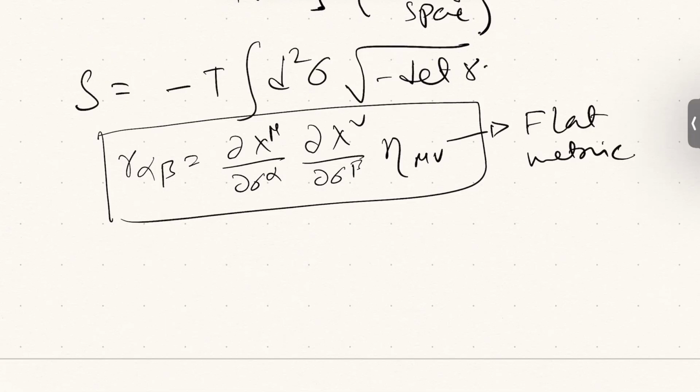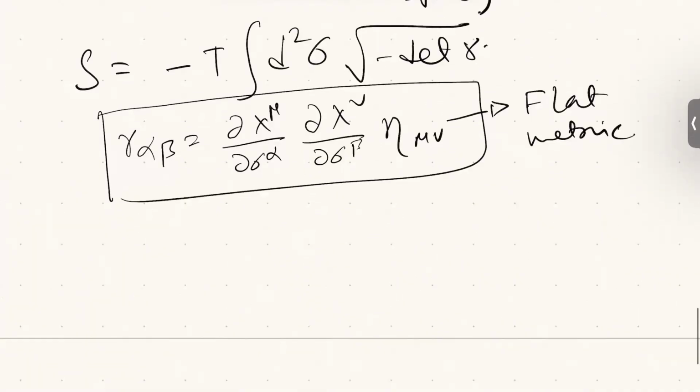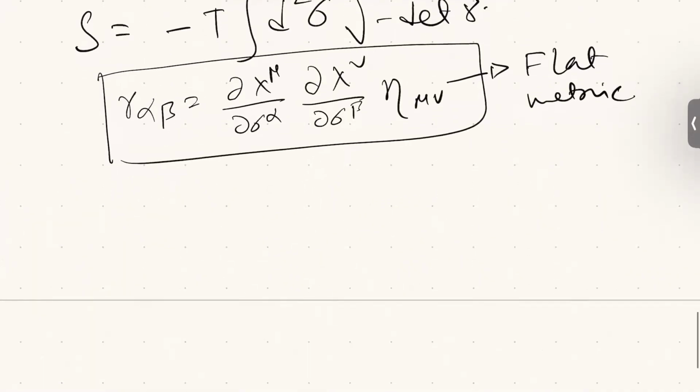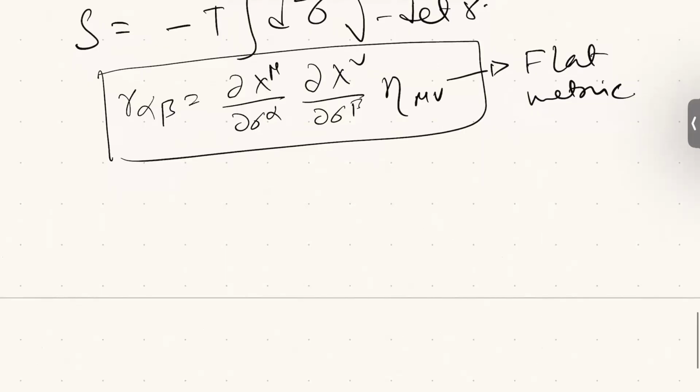So we are considering a black metric and a string is just moving on it. And we can see that you can take sigma.